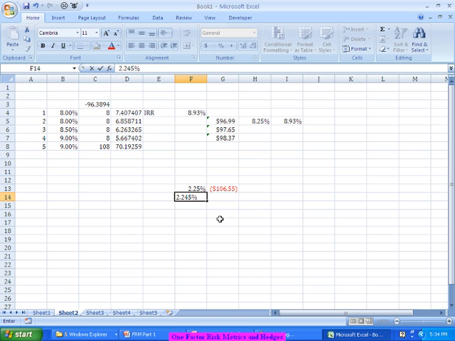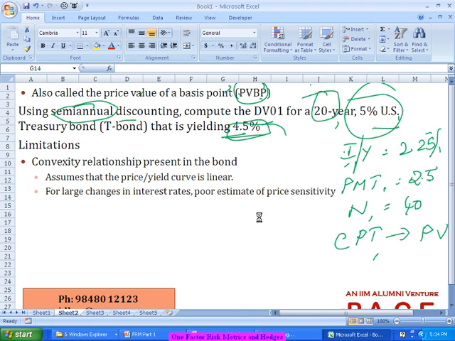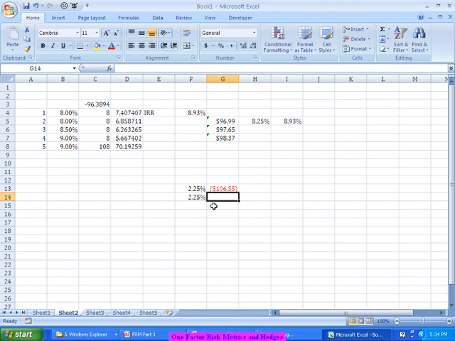That is a decrease of 1 basis point. A basis point is nothing but 0.01%. So from 4.5%, if the interest rate becomes 4.49%, on a semi-annual basis it becomes 2.245%.